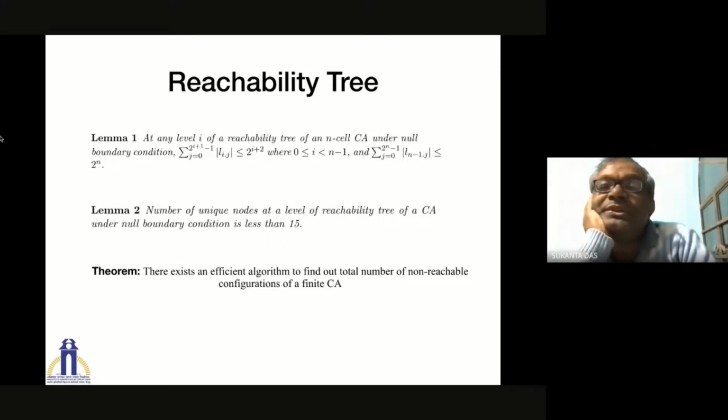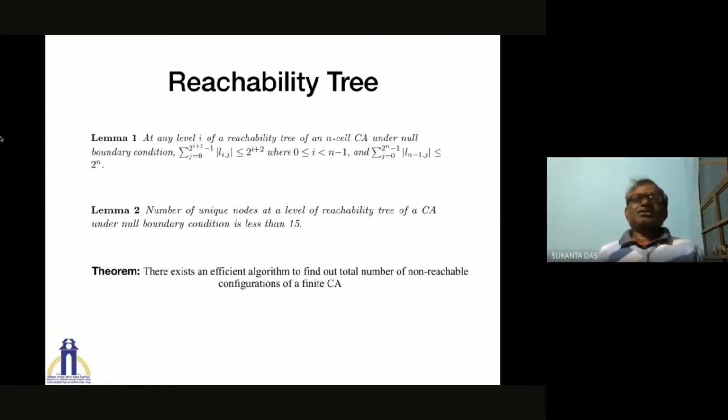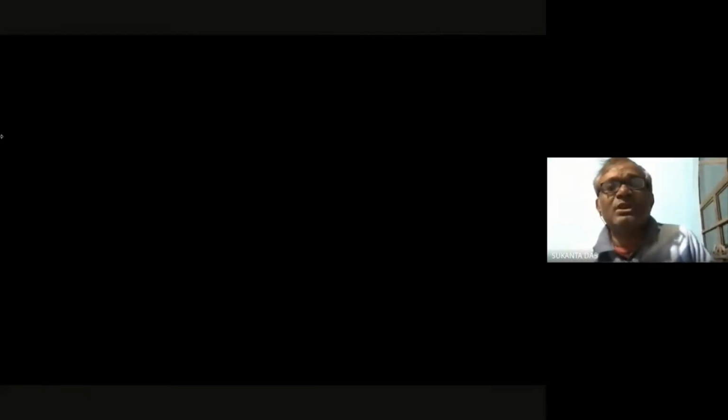And for the last one, for n minus 1, it is less than 2 to the power n. Let me give a brief idea why I'm saying so.